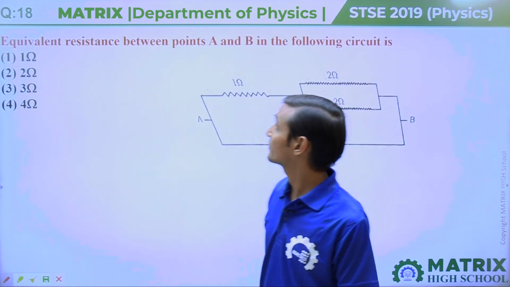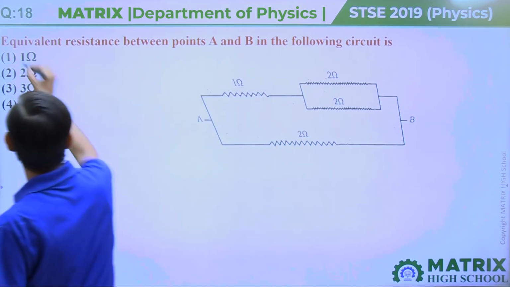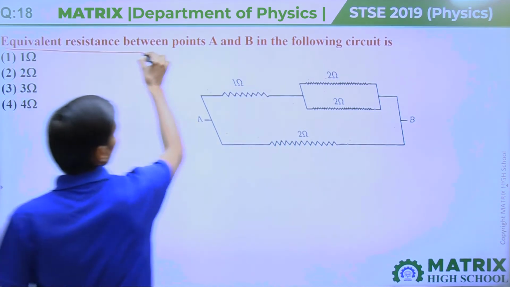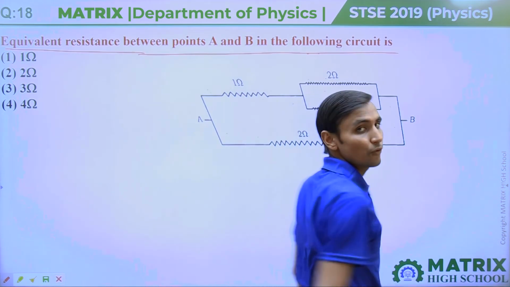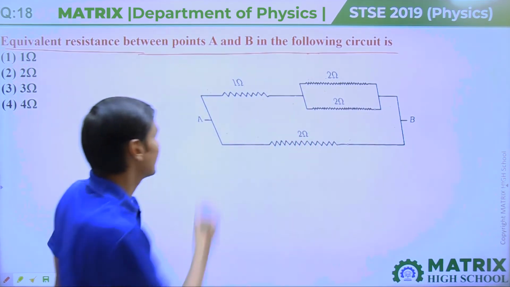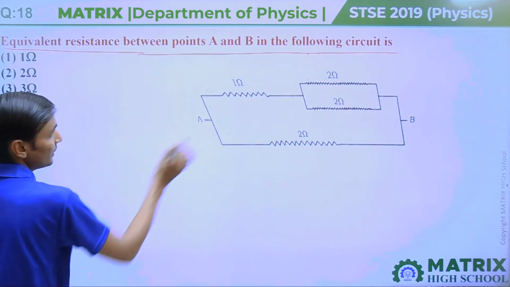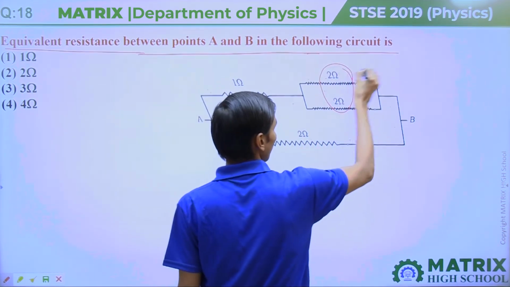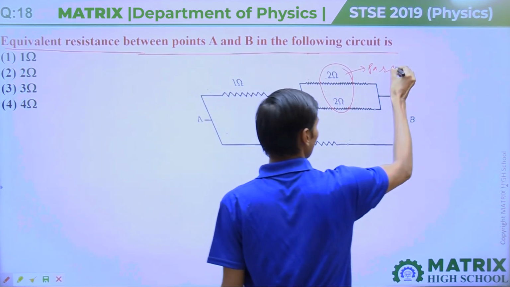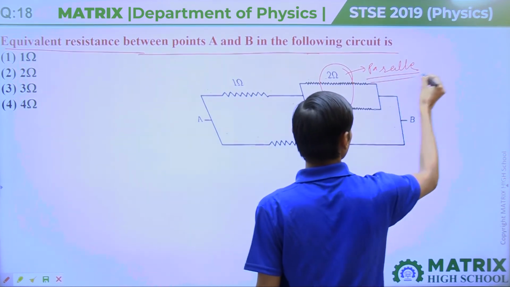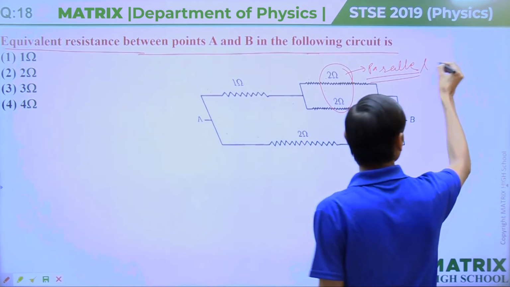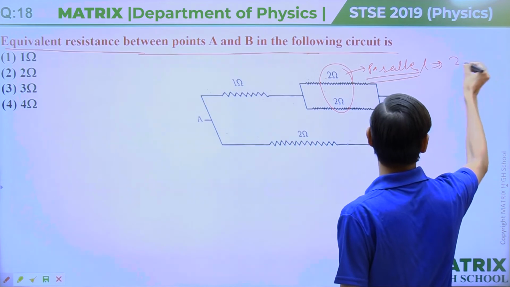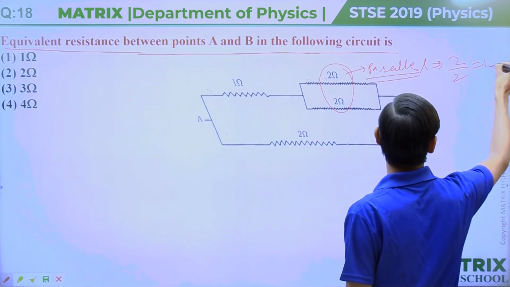Next question number 18. Equivalent resistance between point A and B in the following circuit. In this circuit we can redesign this circuit because 2 and 2 ohm are in parallel combination. In parallel we can write its equivalent as 2 by 2 is 1 ohm.